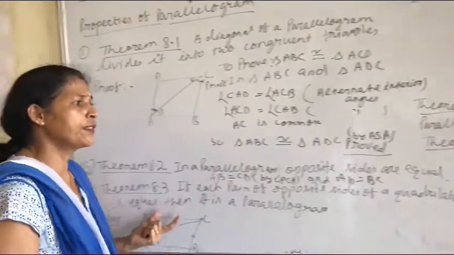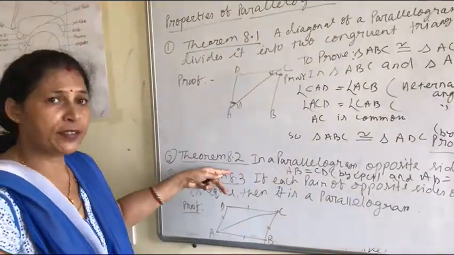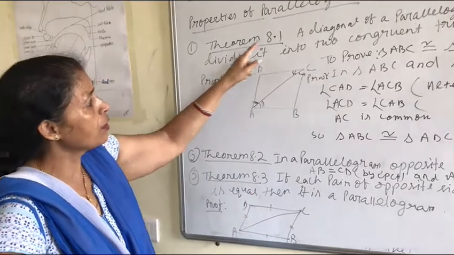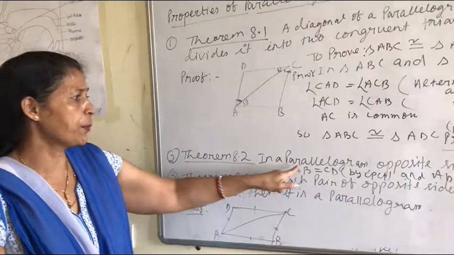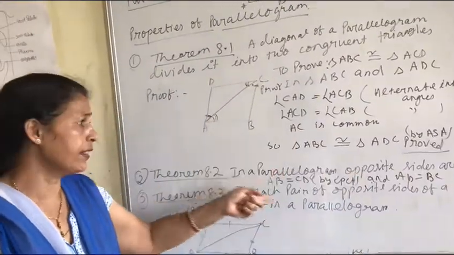Clear? So opposite sides are equal. Two properties there. Property 1: the diagonal divides the parallelogram into congruent triangles. Property 2: in a parallelogram, opposite sides are equal.